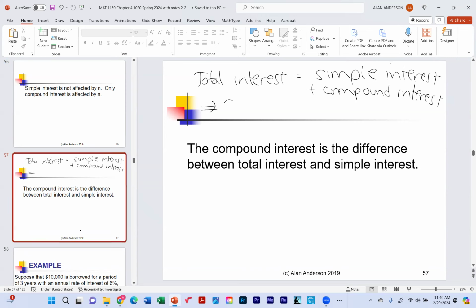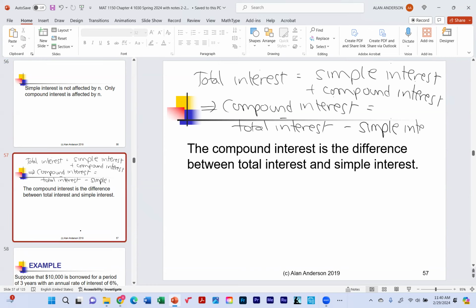Which implies that compound interest equals total interest minus simple interest. So our strategy will be to calculate total interest and simple interest, and the difference will represent our compound interest. Okay, so that won't be that difficult. Trying to come up with the compound directly would be very messy and challenging. So instead, we'll do it this way.